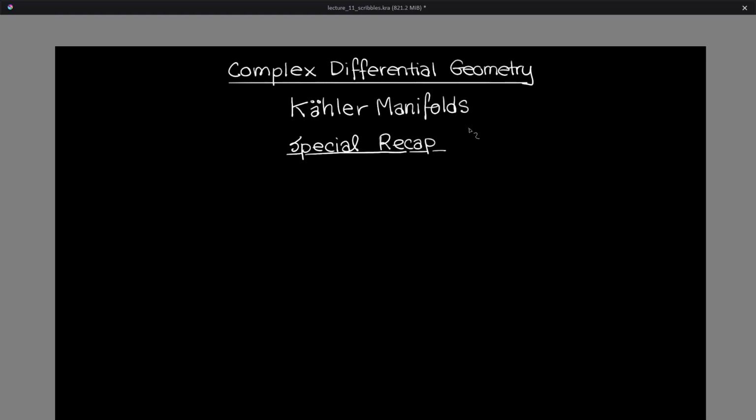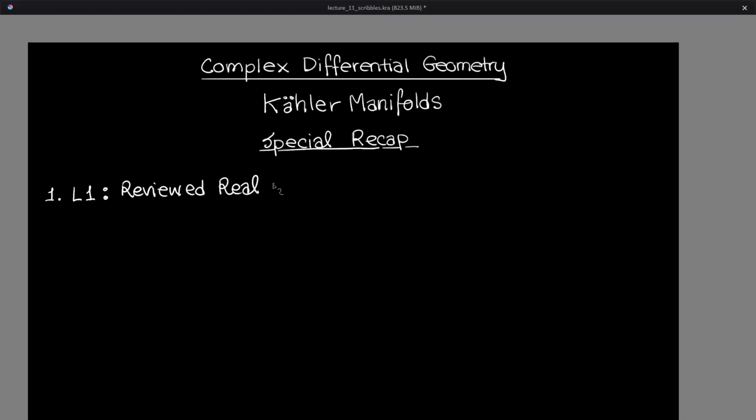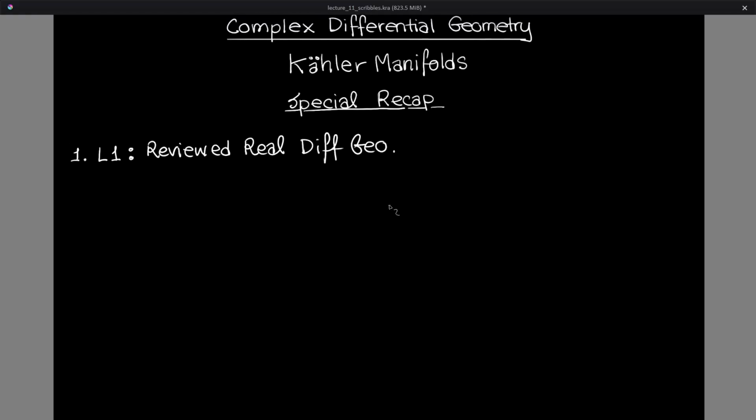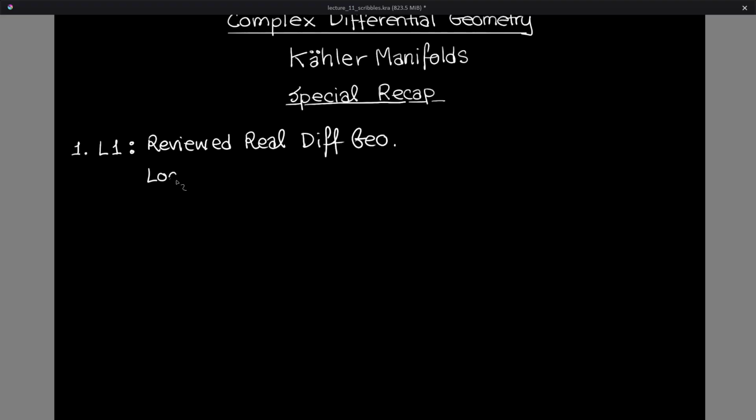So let's start with lecture one, L1. In lecture one, we reviewed real differential geometry. And of course, we couldn't have complex differential geometry without the real version, especially because we defined complex manifolds using real manifolds, real diff geo, right? But even more than that, we looked at a lot of tools and ideas that we were going to be using in complex differential geometry in lecture one, like local to global patching.